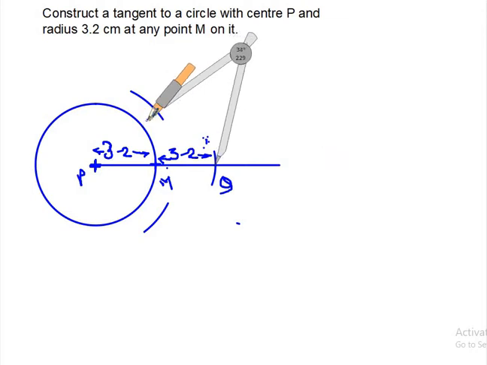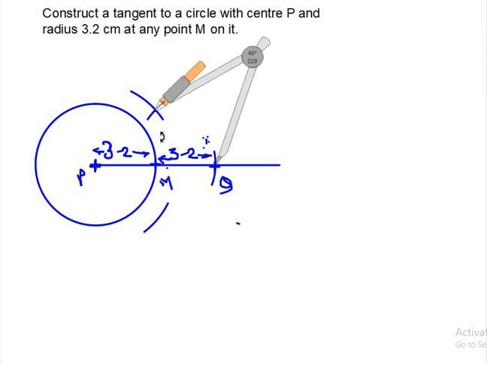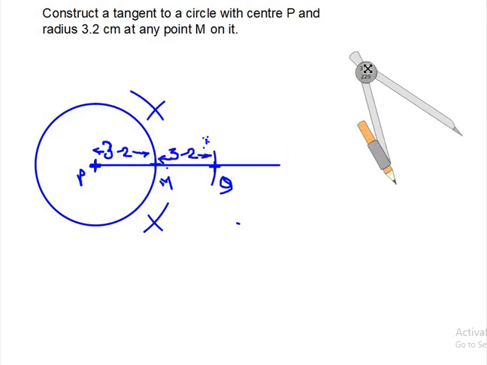And once again make an arc in such a manner that you get a point of intersection here above point M. Same distance you carry it down below point M, or you can say below line PQ, and then again we make an arc. Now we are very near to the completion of this question. So what you do now is we use a scale here.